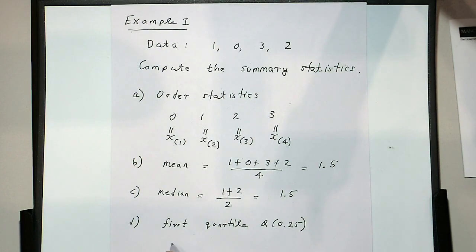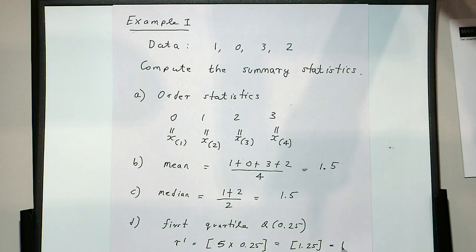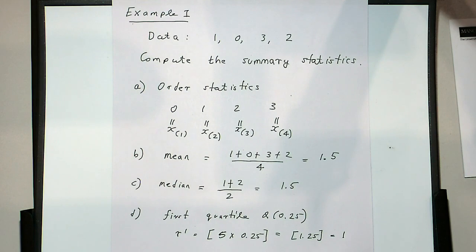Remember, R prime is defined as n plus 1 times p, which is 5 times 0.25, which is 1.25, and the integer part is 1. Remember, n is 4, so n plus 1 is 5, okay? So using the formula that I showed you earlier, if you don't remember where it comes from, maybe I can show it here.